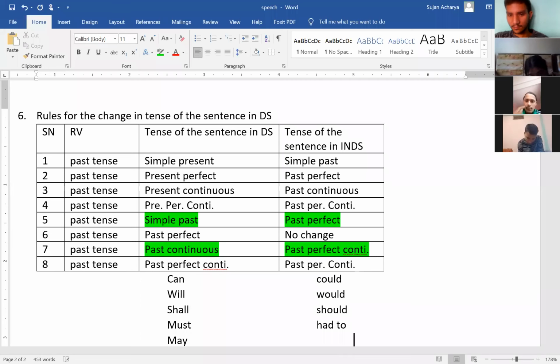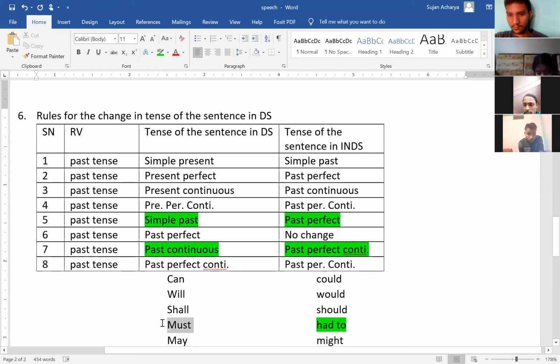May changes into might. He said to me, you must go there, you must do it. He told me that I had to do that.